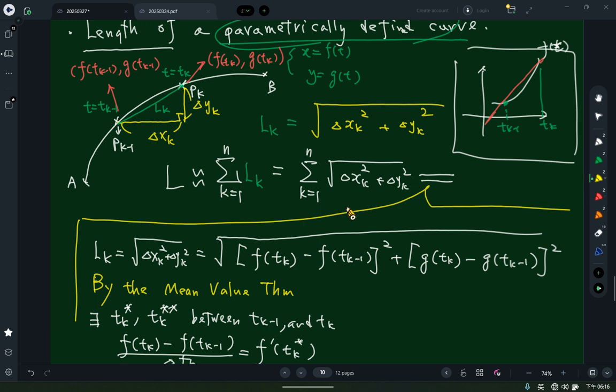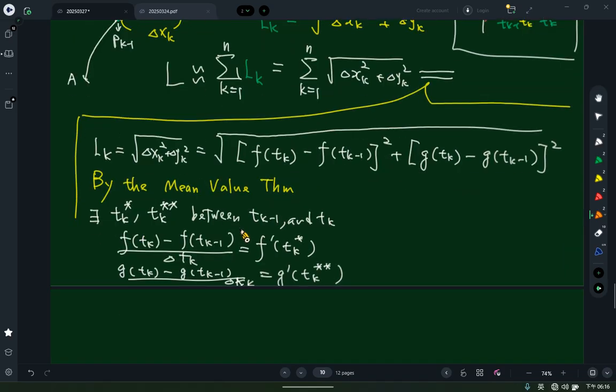We definitely can find some t_k star here. Its slope will be the same as this one. Did you remember? The slope should be the same as this one. If you have forgotten, please go back to chapter 3, as I remember.